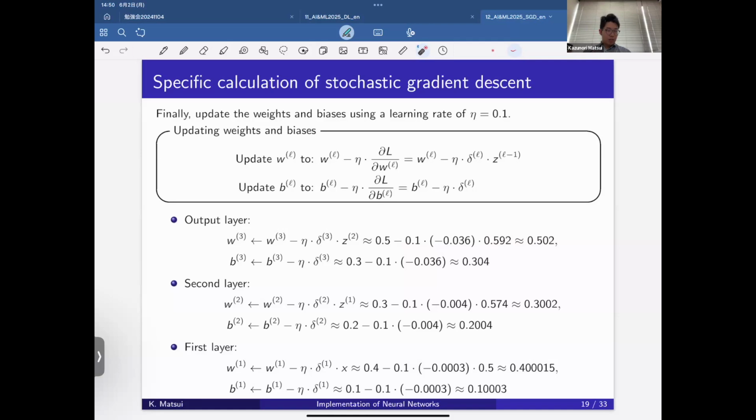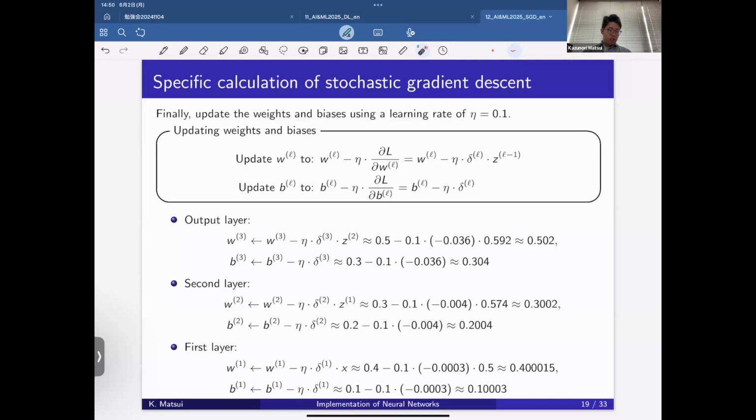Each delta was determined this way. You can see that the values are determined in reverse order with respect to layers, which is the opposite of the calculation in the forward propagation method we saw before. Using that delta, we finally understood how to update weights and biases. This is a specific calculation method of the back propagation method.